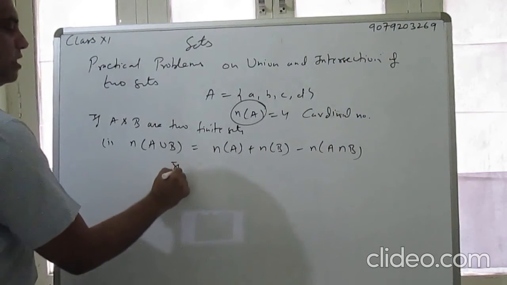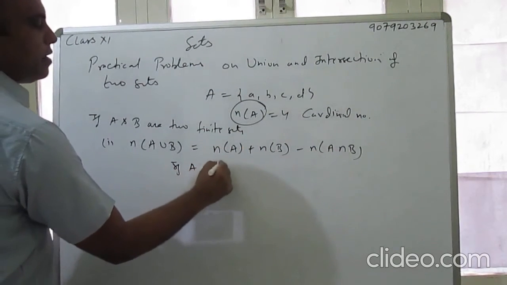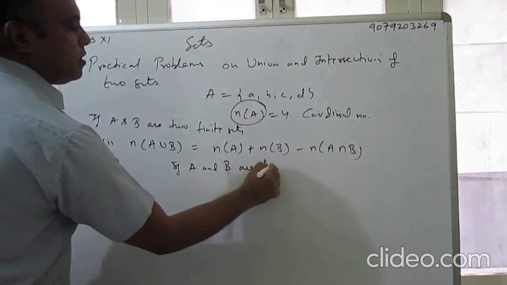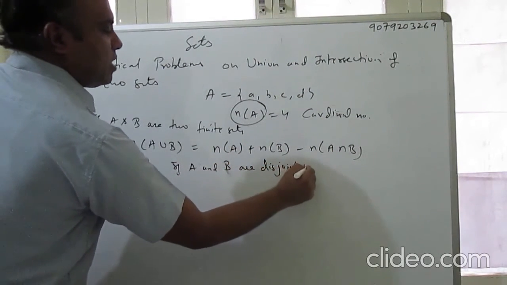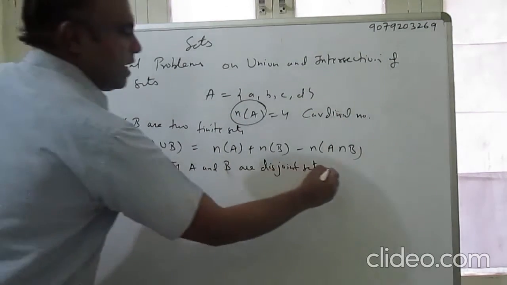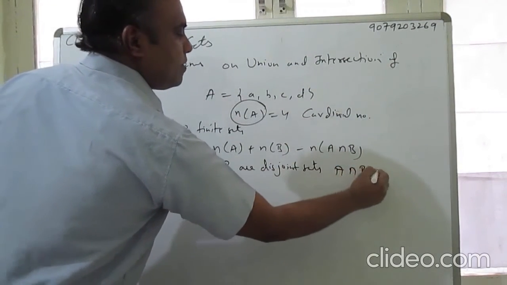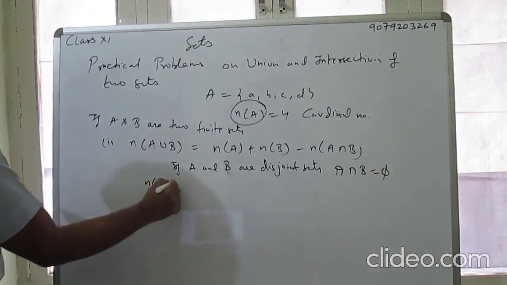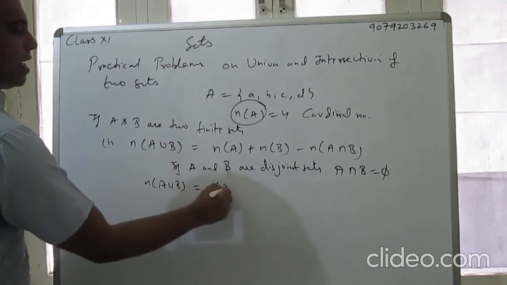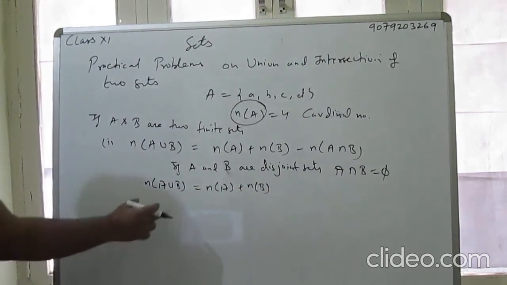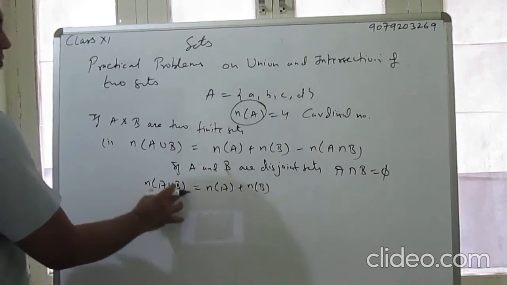If A and B are disjoint sets, तो A intersection B क्या हो जाएगा, null set, तो n(A union B) क्या बन जाएगा, n(A) plus n(B). In this way you can find the values.